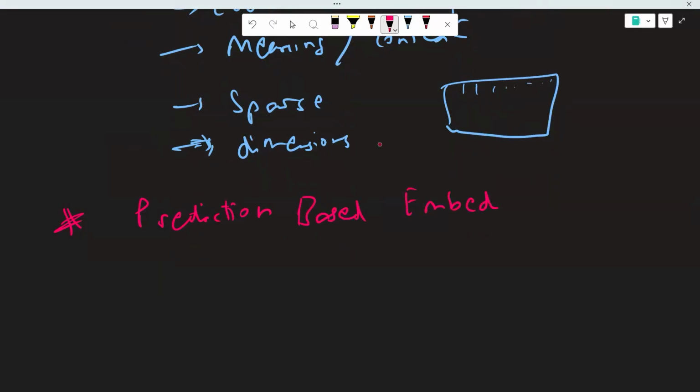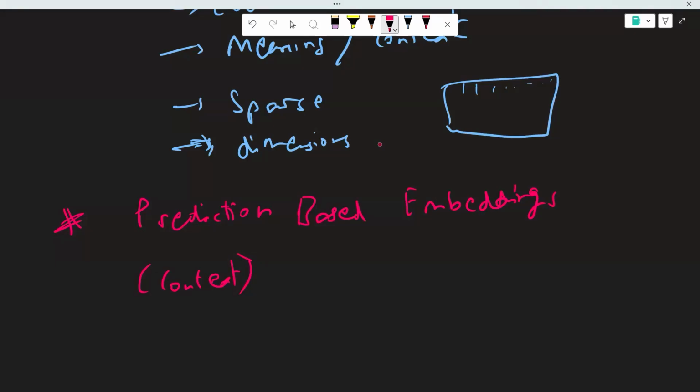And prediction based embeddings have one advantage, that they will take into account the context. They understand the relative words, what the different words are, they understand their meaning, and based on that, they will try to convert them into numbers.